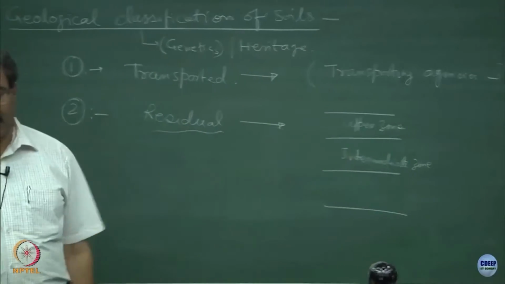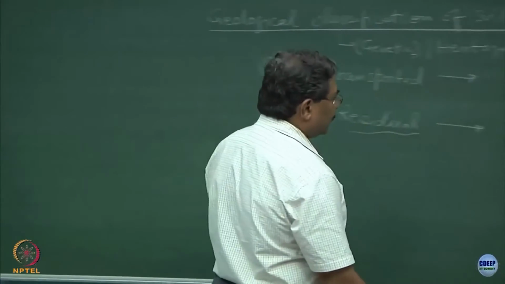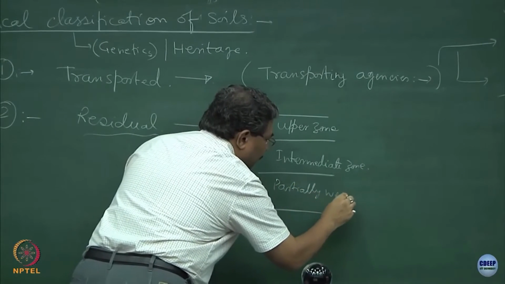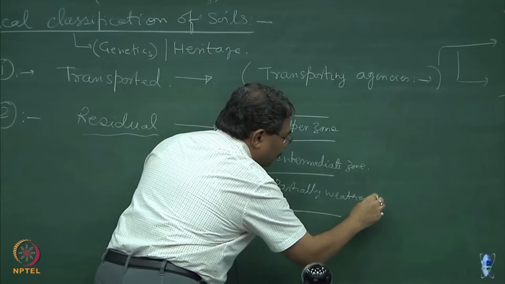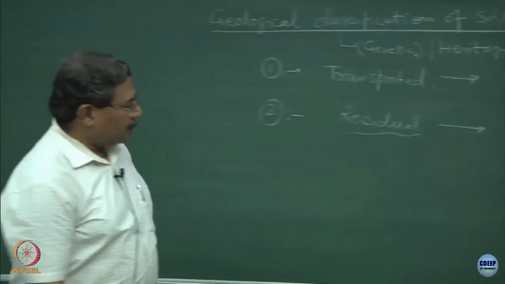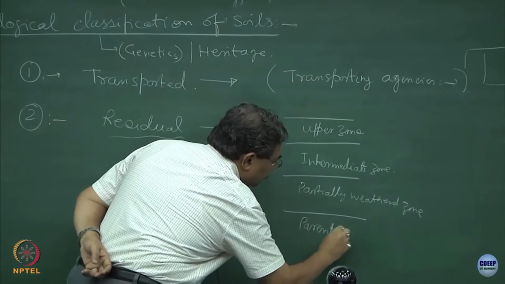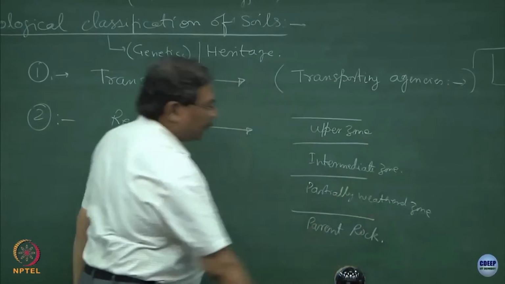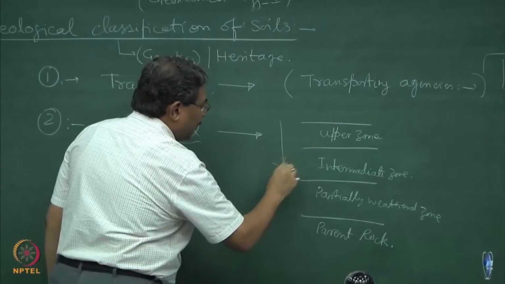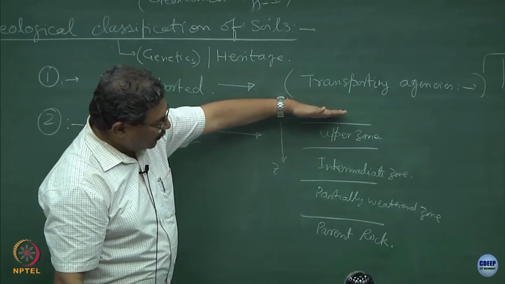This is the schematic diagram for depicting the residual soils, followed by the partially weathered zone, and this is followed by the parent rock. Alright. So this is how the depth varies, this is the extent, and this becomes a strata for me.